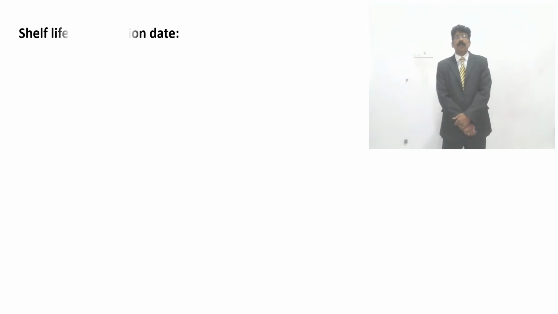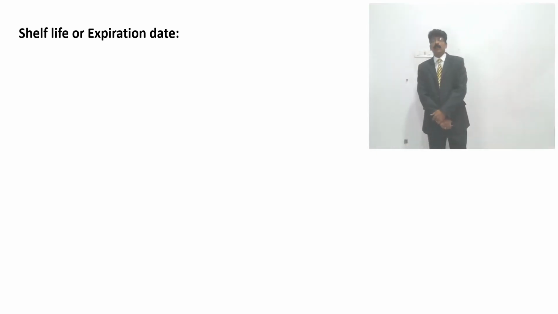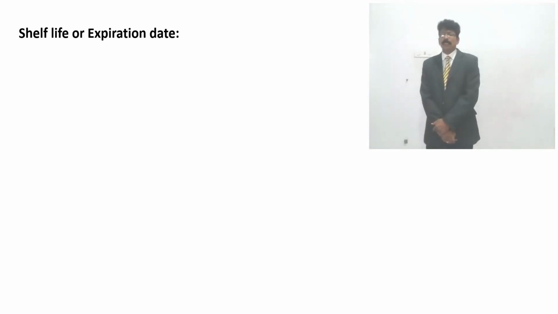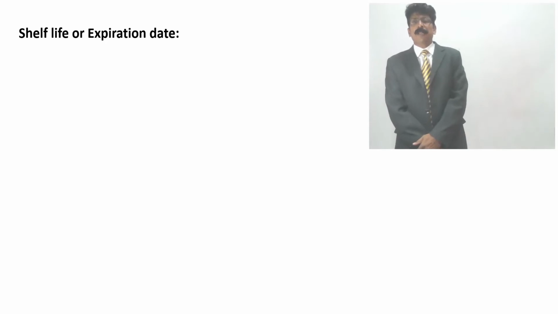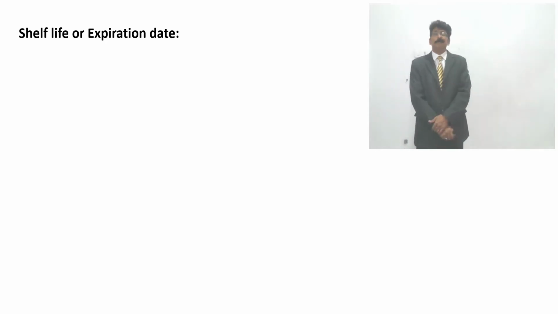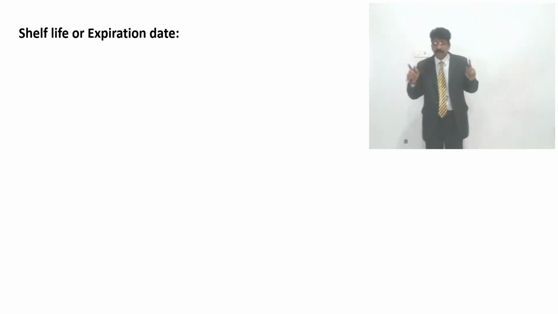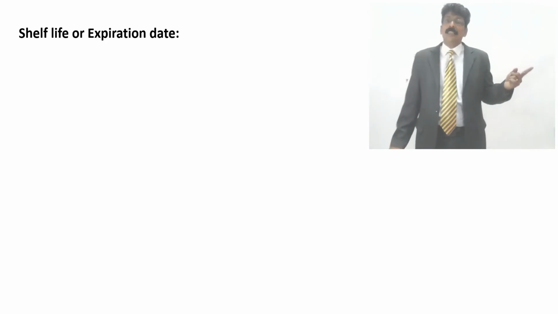So here we now have to know about shelf life and expiry date. There is a slight difference between them, which I have also denoted here. It is necessary for you to know this small difference, as we discussed in the last 2-3 classes.